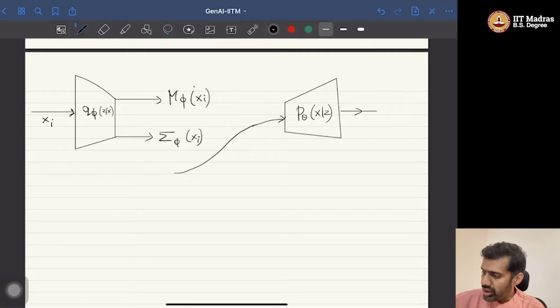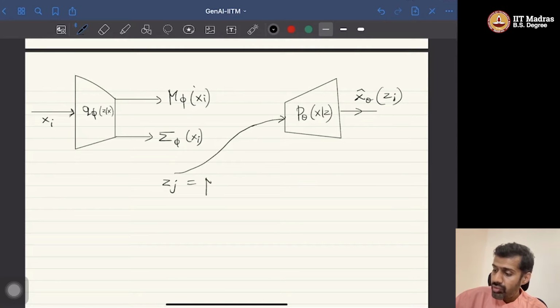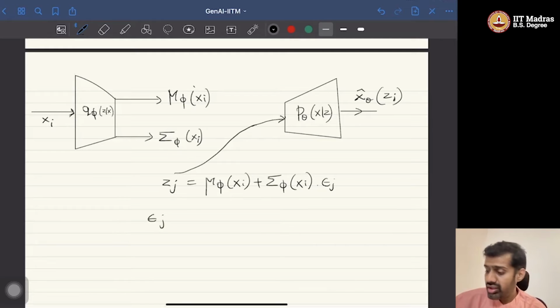We have x cap theta of zj, so zj goes in as an input, which is equal to mu phi of xi plus sigma phi of xi times epsilon j, where epsilon j are sampled from normal 0 1.